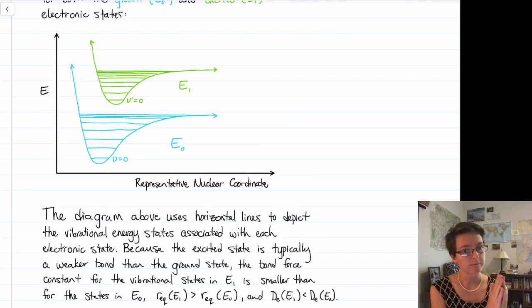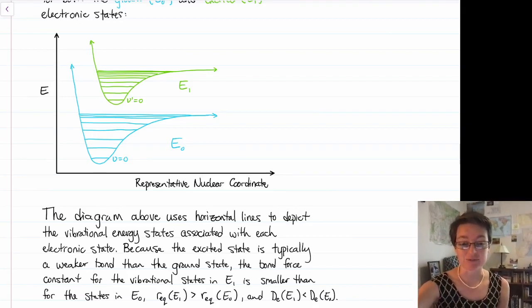We get a little bit bigger equilibrium bond distance in the electronic excited state, and typically our dissociation energies, for how much energy it takes to break the bond, are smaller in the excited state compared to the ground state. We don't have time to talk too much about the implications of this fact, but you could imagine that this would be really important in thinking about photoexcited reactions. And in fact, that's a really active area of exploration in organic chemistry, is how you can use light to weaken or activate bonds instead of the typical molecular catalyst that you may have learned about.